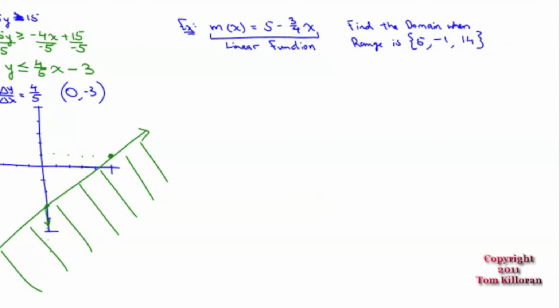I have to change something in the original equation, not the x. X is fine. I need something that says y. So where's y here? The m of x. So change m of x into y and you get y equals 5 minus 3/4 x.